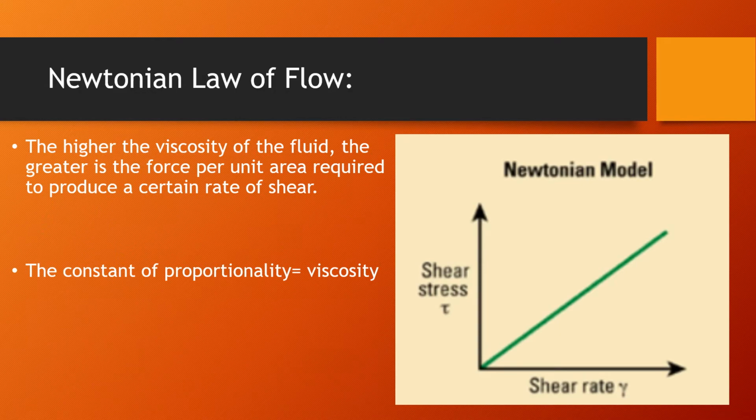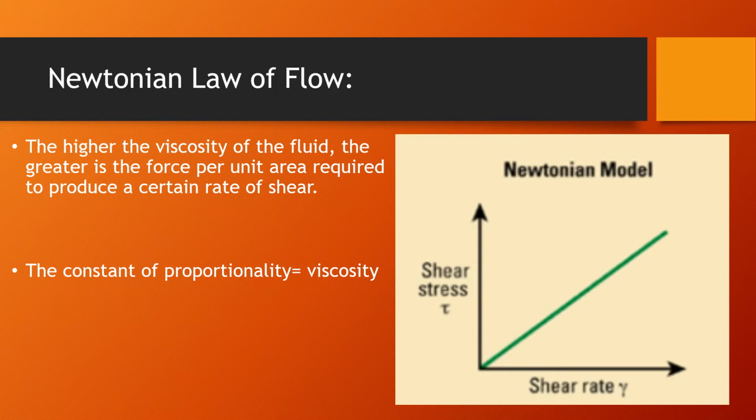Now coming to the Newtonian law of flow. This law, as the name suggests, was given by Newton, and it is called the Newtonian law of flow or Newtonian model. What it says: the higher the velocity of the fluid, the greater is the force per unit area required to produce a certain rate of shear.